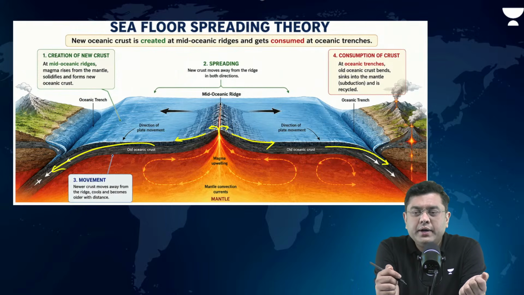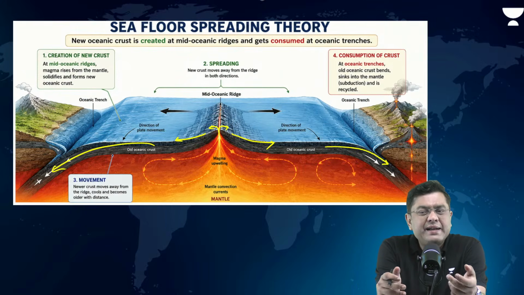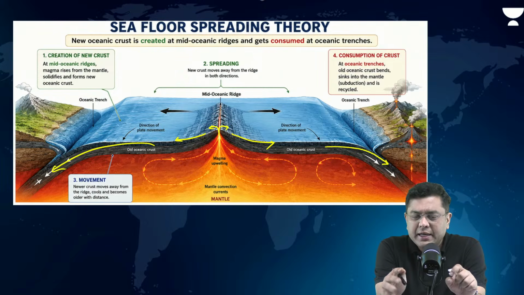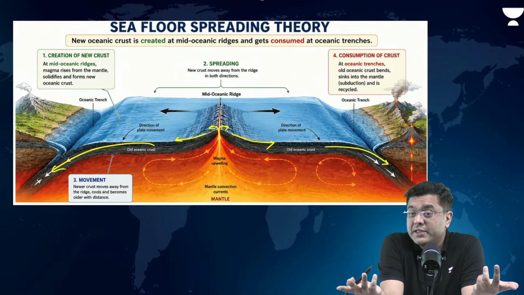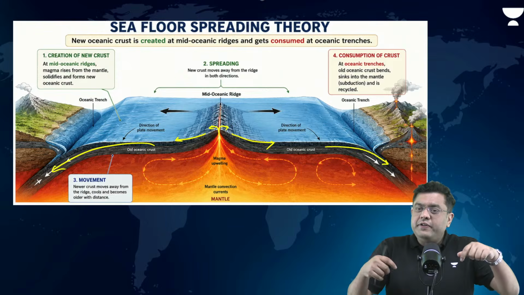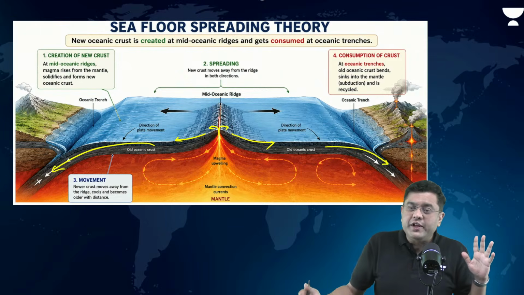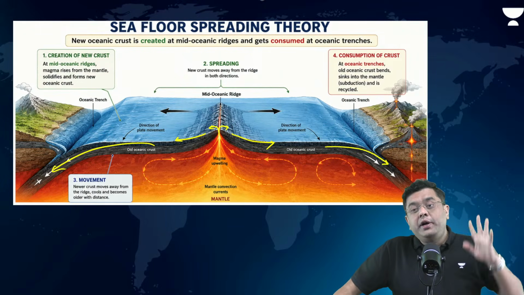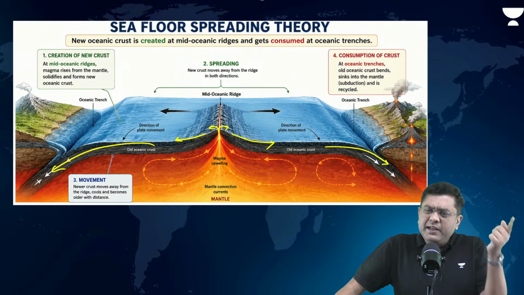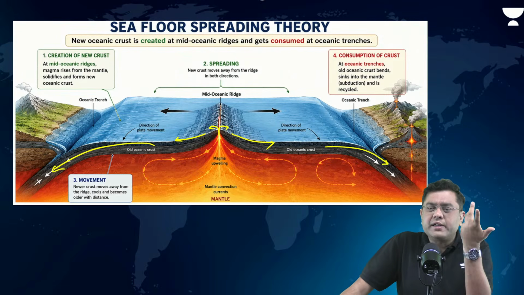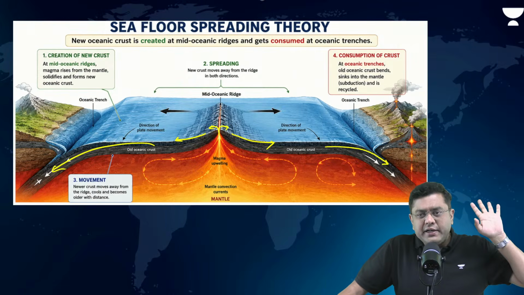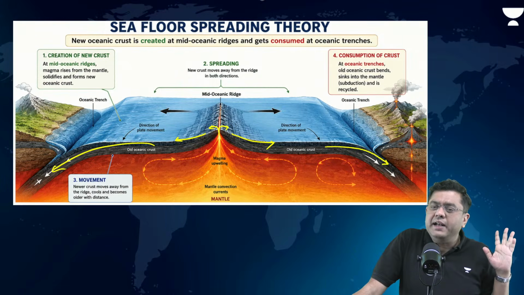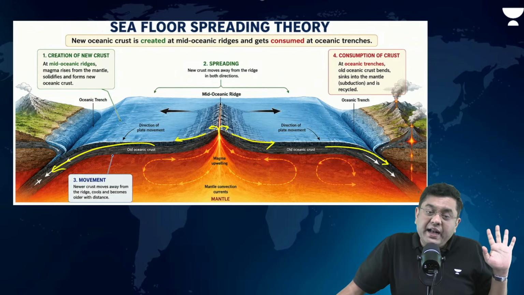It told the world that oceanic crust continuously gets recycled, whereas continental crust is not disturbed. As a consequence, you will never have oceanic crust older than 200 million years, because continuously newer crust is getting created, older crust is getting destroyed, again newer crust is getting created somewhere, older crust is getting destroyed. You don't have such phenomena in the land areas. That is what Harry Hess had said.